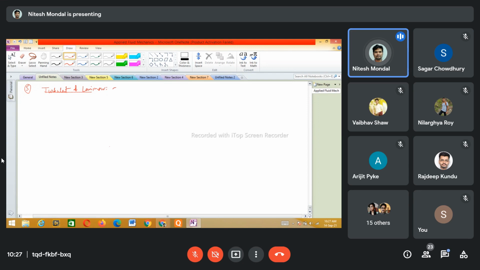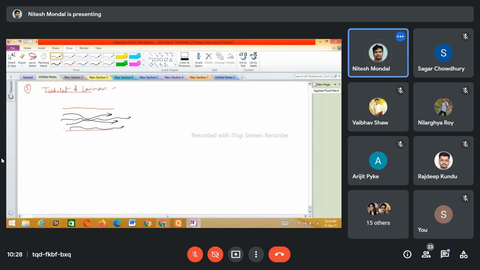And Reynolds number is defined by, so first I sketch a diagram of turbulent flow and laminar flow. If this is the pipe, then the fluid flowing like this, zigzag pattern. So this is the turbulent flow.